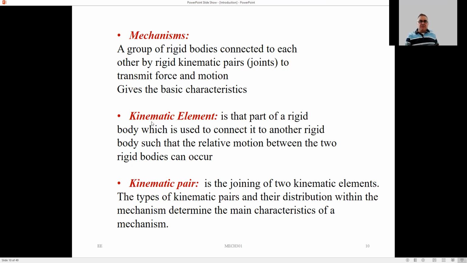The kinematic element is used for the links or the rigid bodies, and the kinematic pair is used for the joints, okay? This is a notation which is sometimes used in books. For example, in Eres Hoca's book, we have sometimes this notation. So I wanted to make you aware of this.